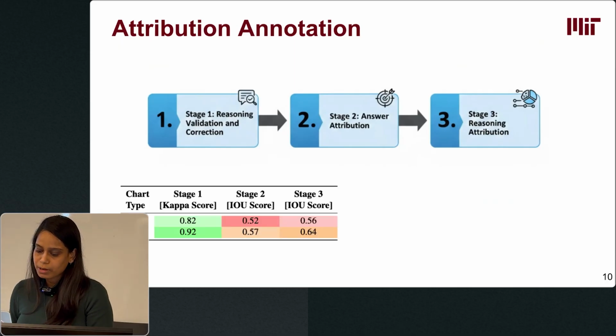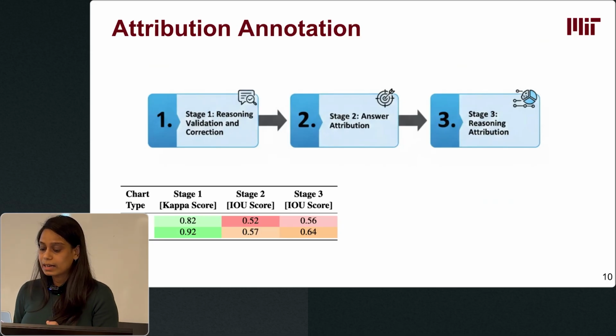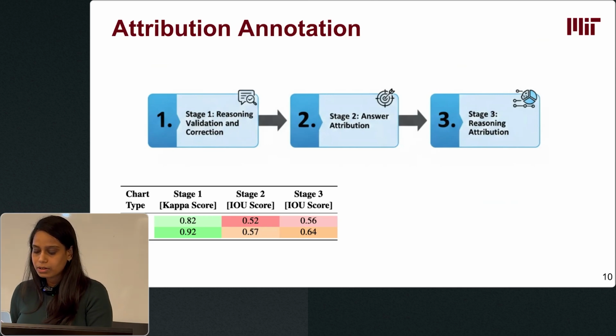So we have some kappa score. Kappa score is inter-annotator agreement between 2 annotators. That is how usually 2 annotators are agreeing with each other. We did it on 1000 line and bar charts. So we had good kappa score.